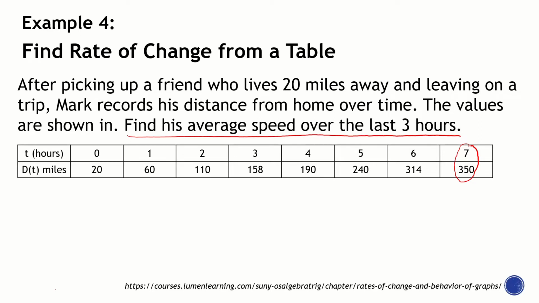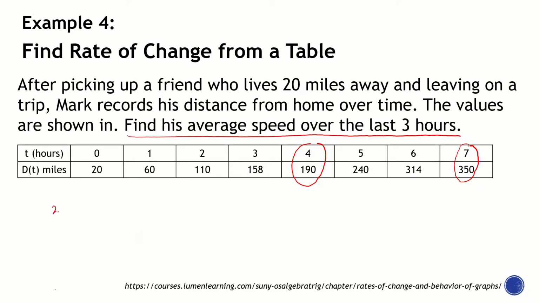All right. It's going to be 4 and 190, right? From 4 to 5 is an hour, 5 to 6 is an hour, 6 to 7 is another hour. So that's for the last 3 hours. Okay, again, the numbers on top will be the miles or the distance, and the numbers at the bottom will be the hours.